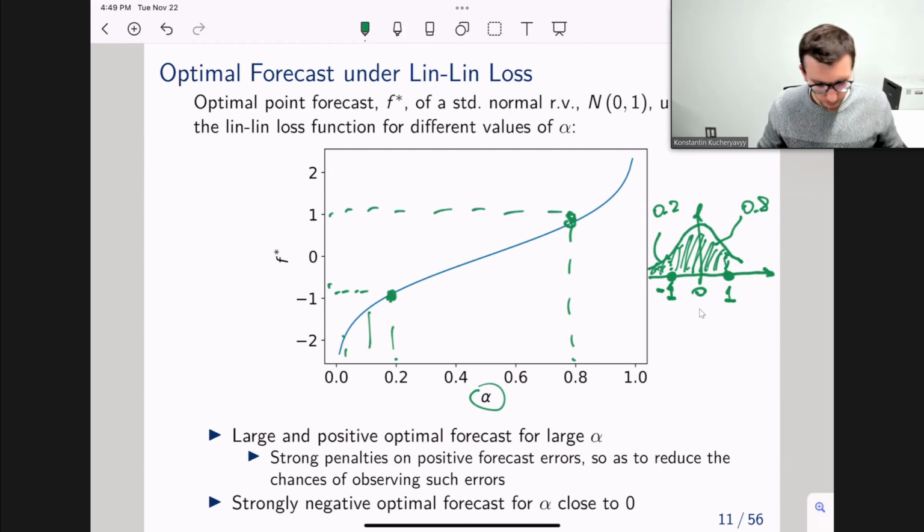Now, of course, I'm just explaining how I constructed this figure.